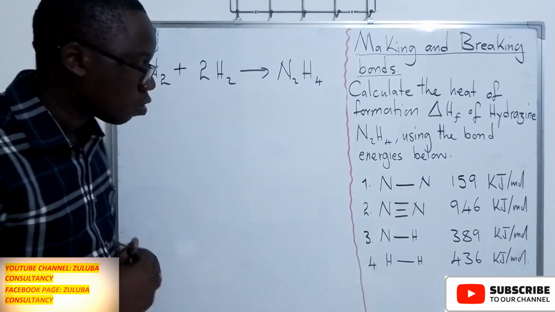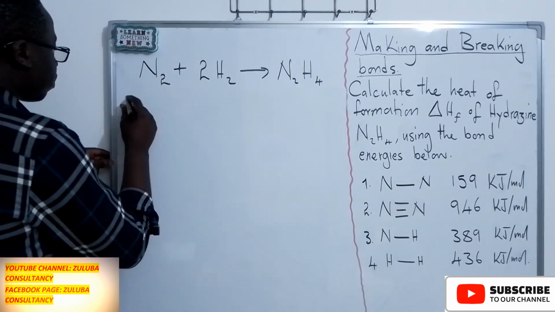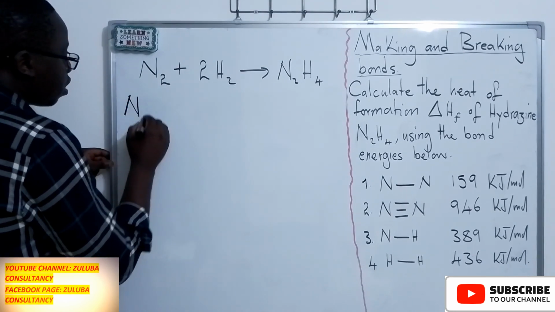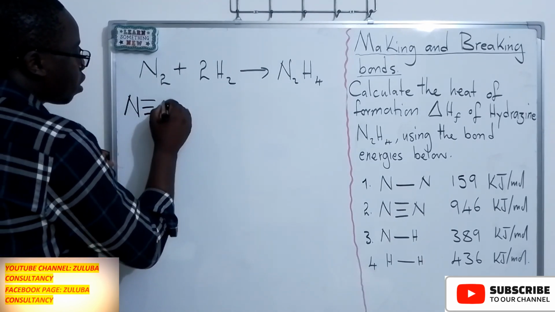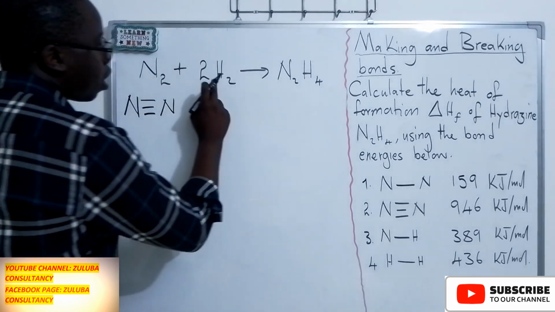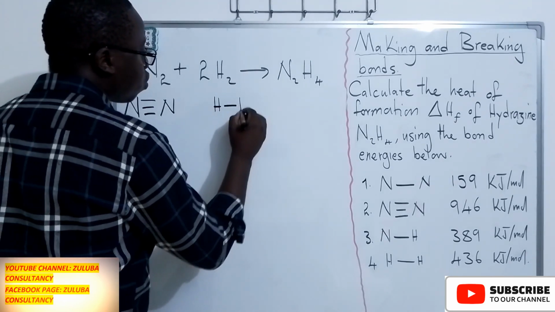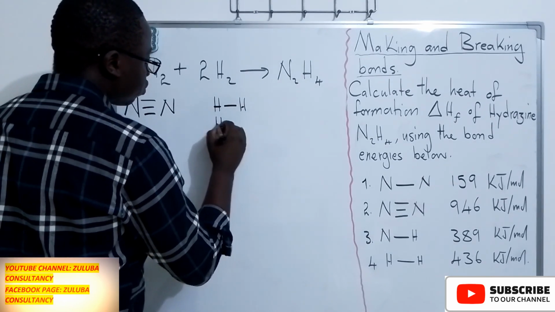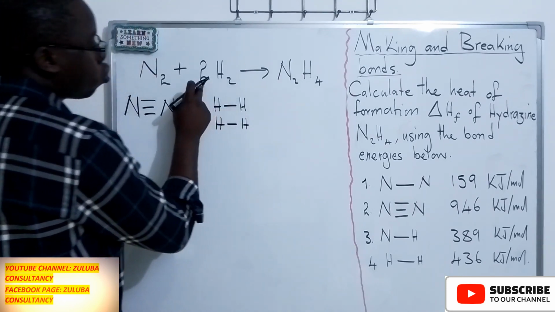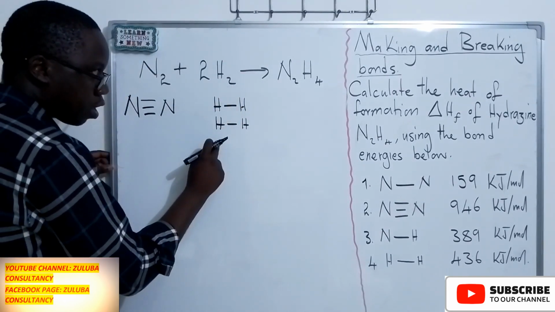For the first one, we have nitrogen. The Lewis structure for this will be nitrogen bonding with 3 bonds to another nitrogen. Then we have hydrogen, and we have 2 of them, so 2 hydrogens are bonding there.